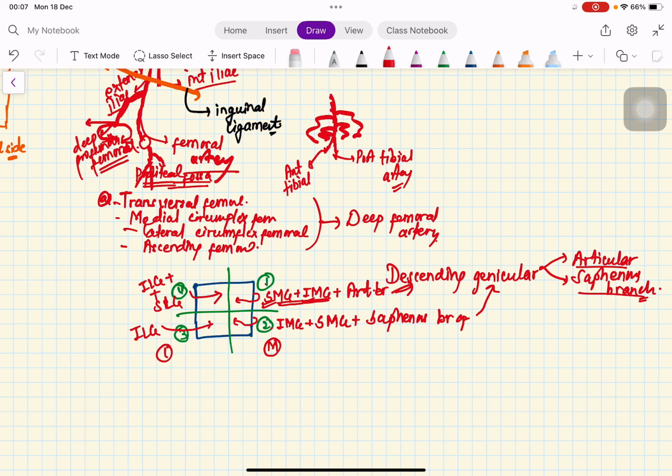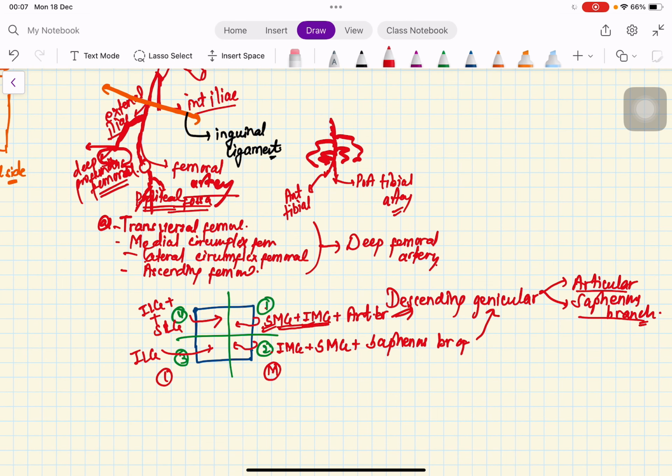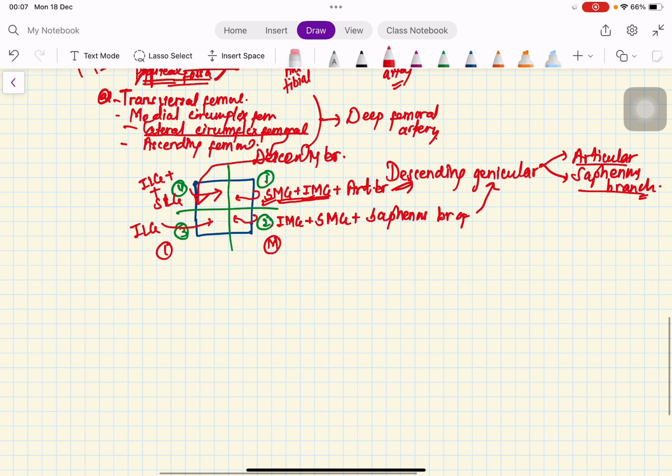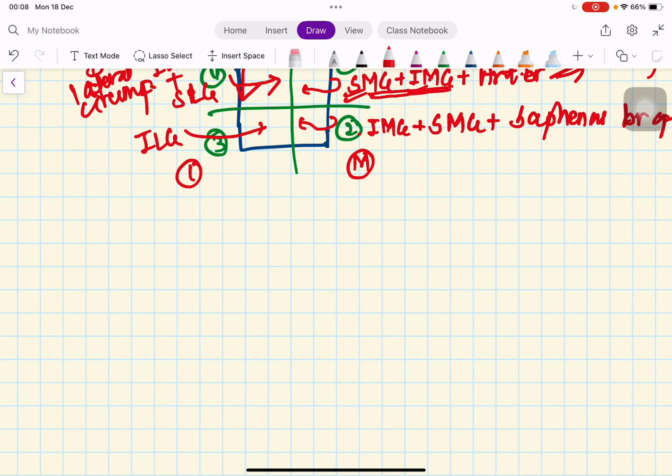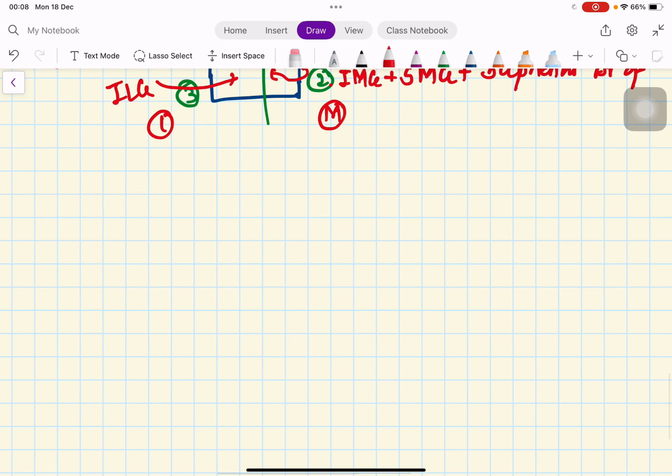Because the lateral circumflex femoral artery will give its descending branch, and that will basically anastomose. So that's the descending branch of the lateral circumflex femoral artery, and here is the inferior lateral genicular plus the superior lateral genicular, plus there will come three arteries from down. What are these three arteries?